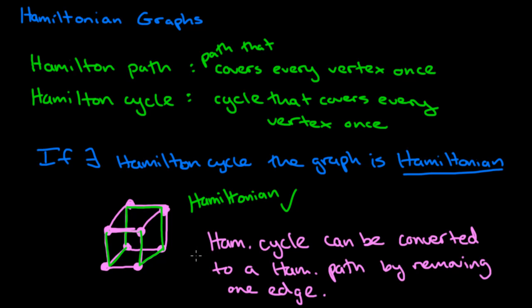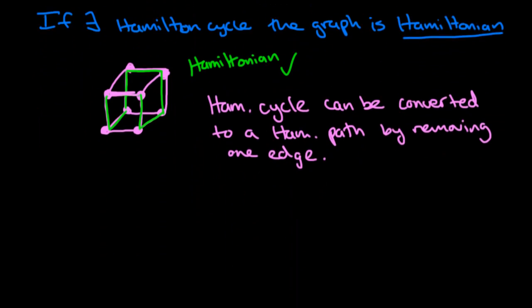Now I'd like to point out the following observation. This graph that we have here is already Hamiltonian. So if I was to add in an extra edge between two of these vertices, the graph that results would still be Hamiltonian. So in general, if you have a Hamilton graph, you can add more edges in as long as you don't add more vertices, and you're guaranteed to still be Hamiltonian.